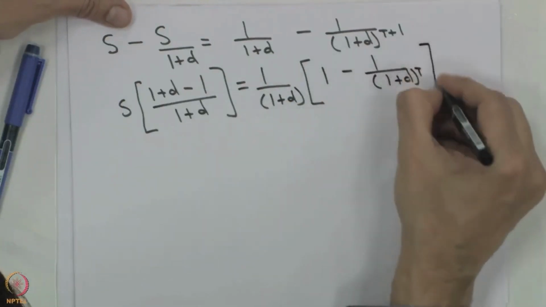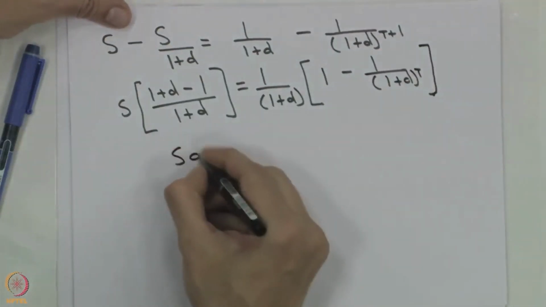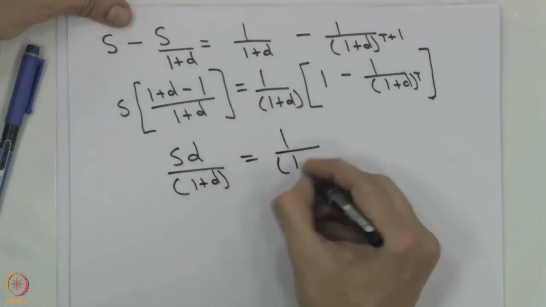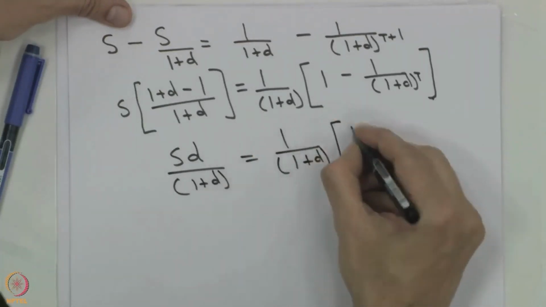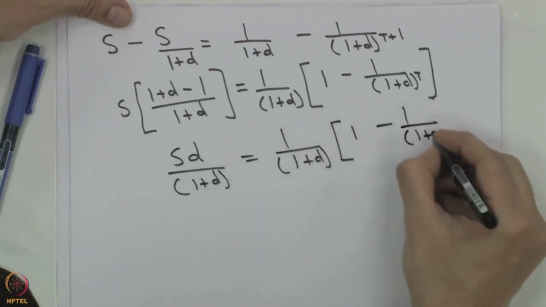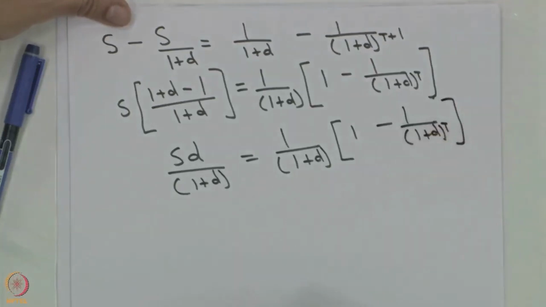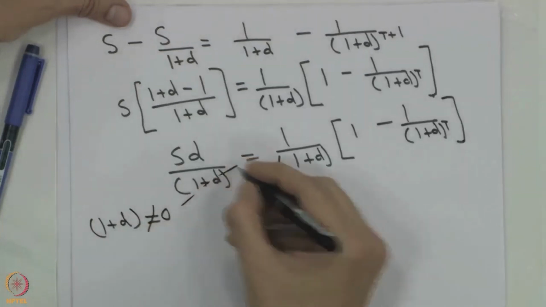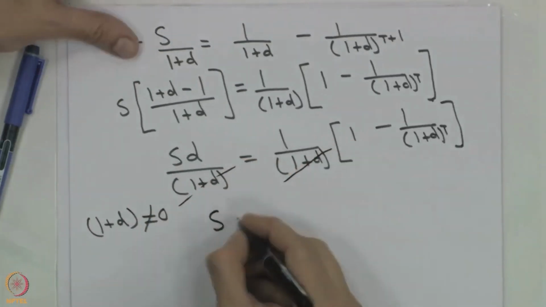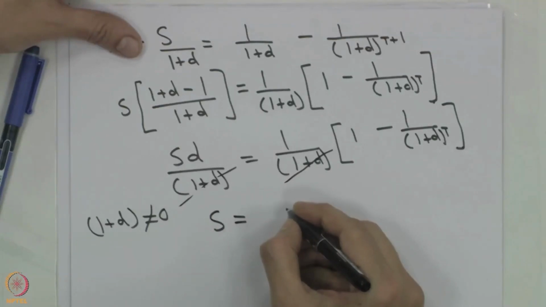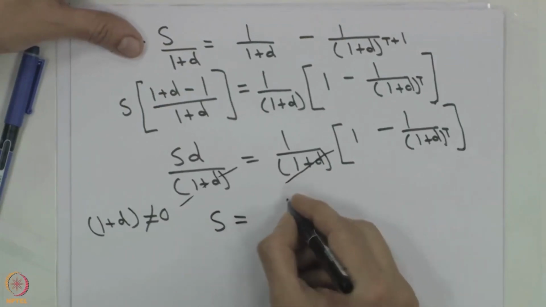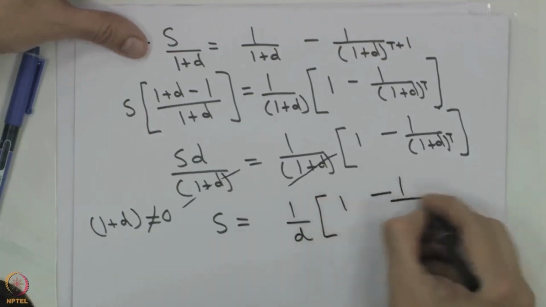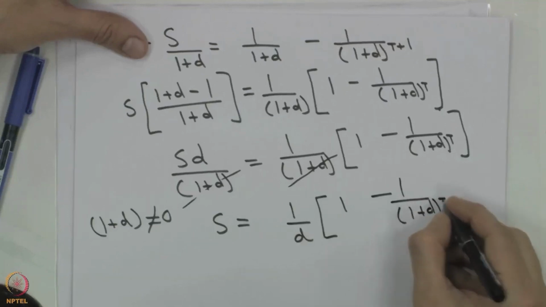This turns out to be S d by 1 plus d equal to 1 by 1 plus d times 1 minus 1 by 1 plus d raised to T. Now, 1 plus d is not equal to 0, so we can cancel this, and we get S equal to 1 by d into 1 minus 1 by 1 plus d raised to T.